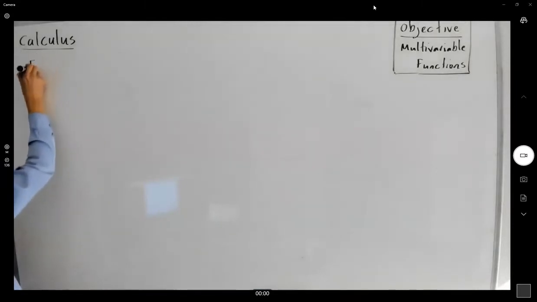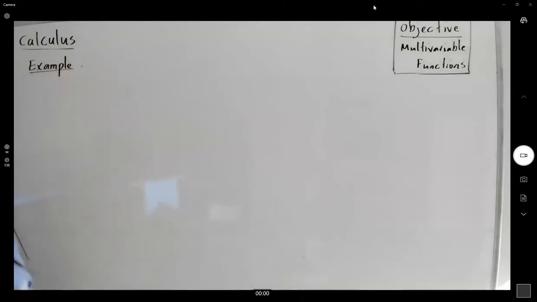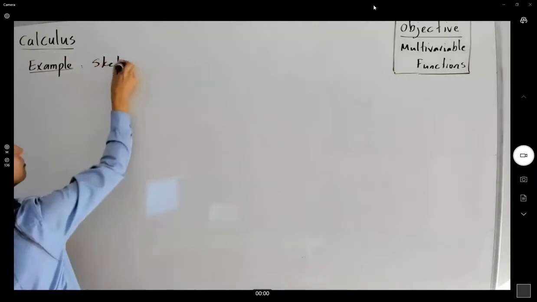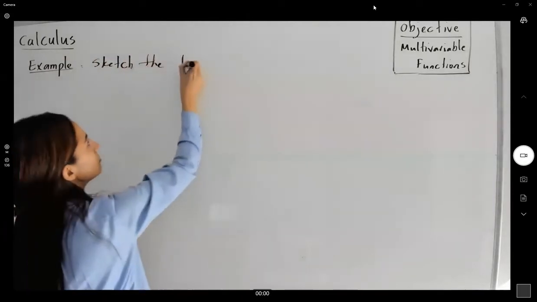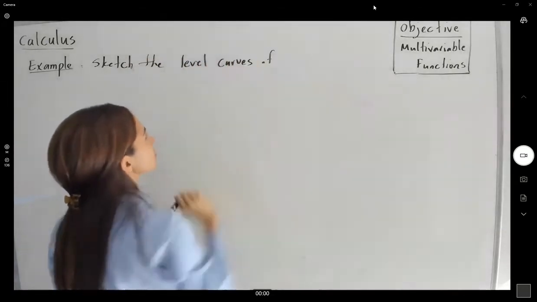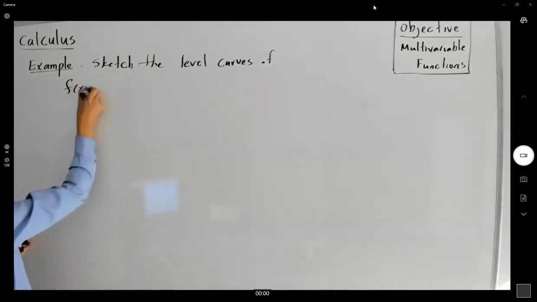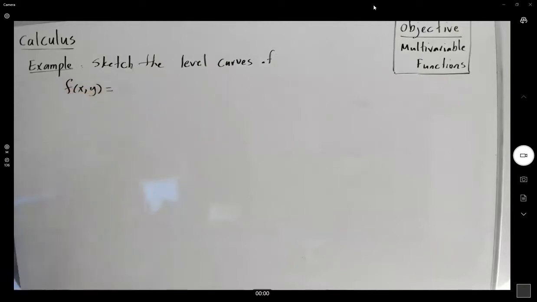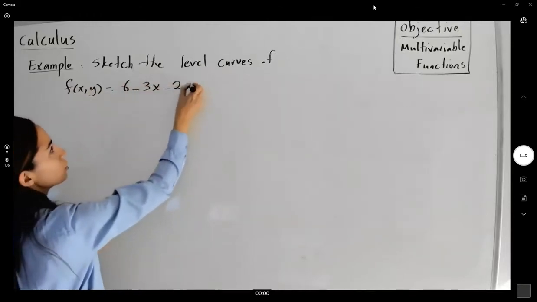Example: sketch the level curves of f of x and y equals 6 minus 3x minus 2y.